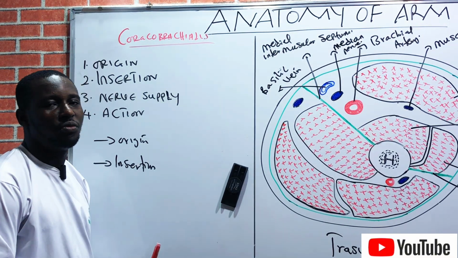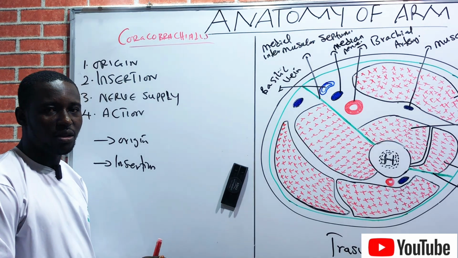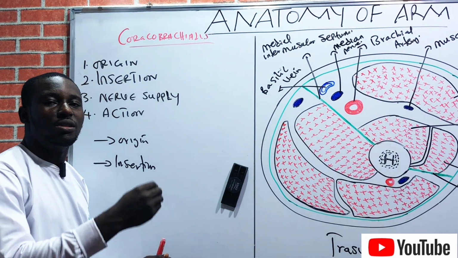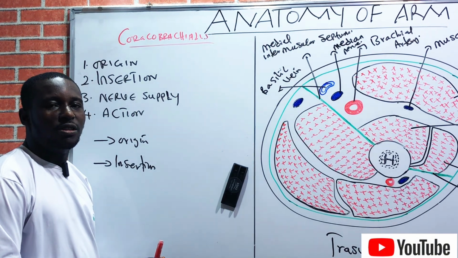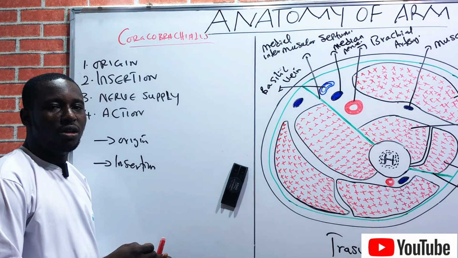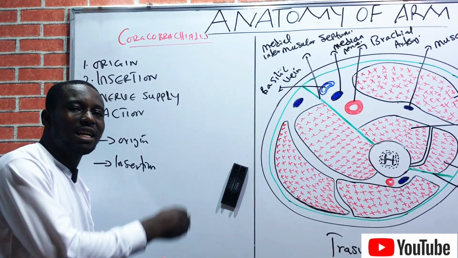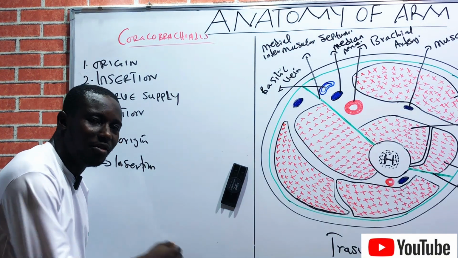Number four, the brachial artery passes from the medial side of the arm to the anterior aspect. Then the median nerve crosses the brachial artery from the lateral to the medial aspect at that level.